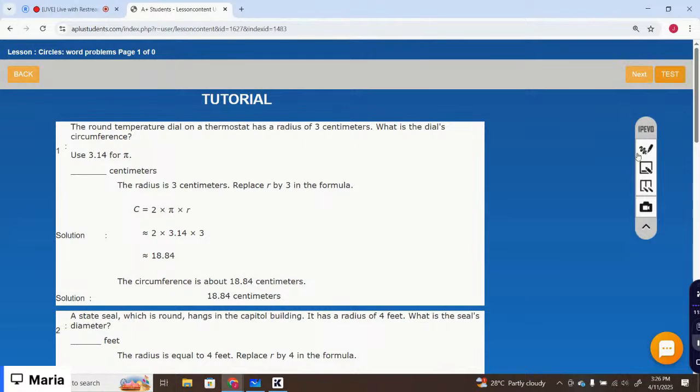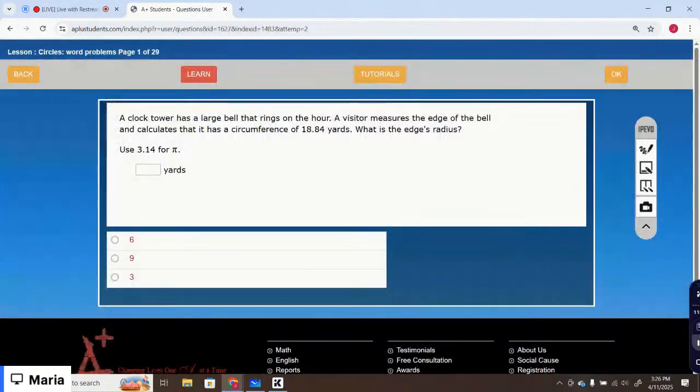That is 18.84 centimeters. Let's just start with the test questions.